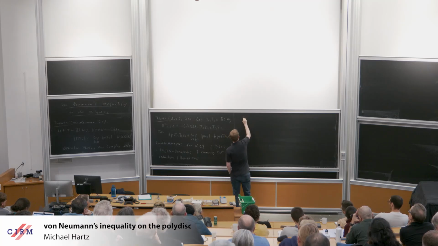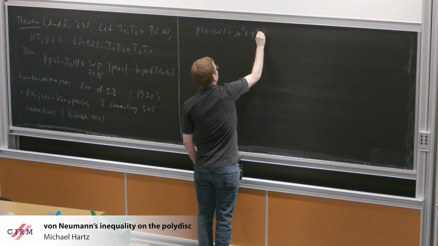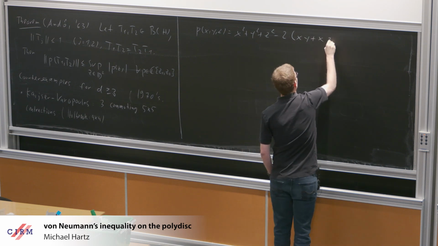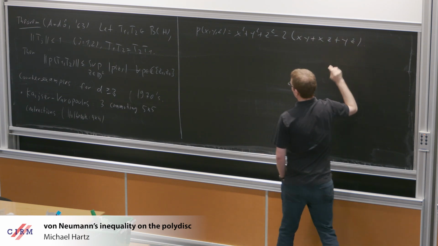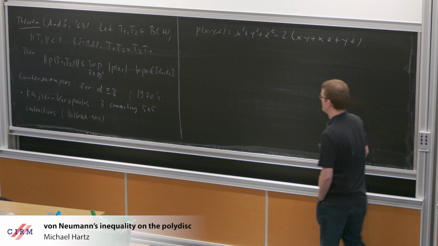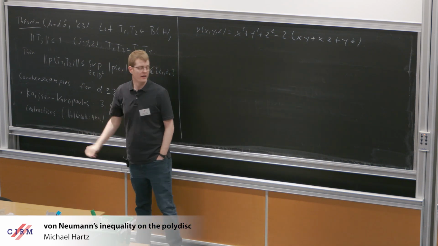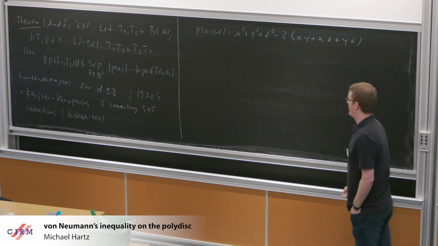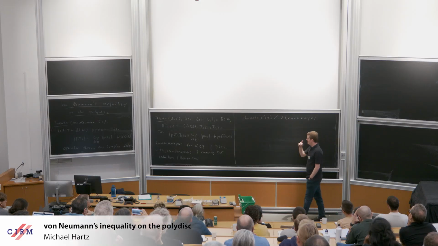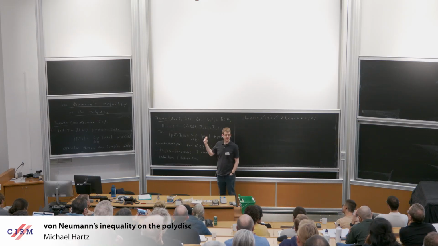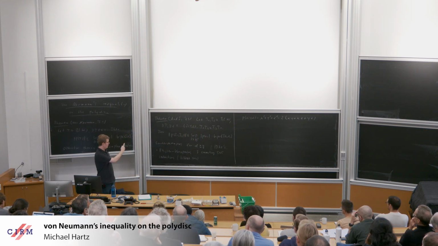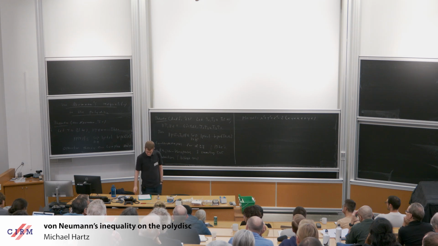And so the polynomial looks like this. It's x squared plus y squared plus z squared minus twice the mixed terms. And then I think the cleanest maybe is Holbrook's example, and then he works out that this has sup norm 5 over the tri-disk. But if you plug in his matrices, then you get operator norm 6. And okay, so 6 is bigger than 5. And so the von Neumann inequality in 3 variables doesn't hold in this way.